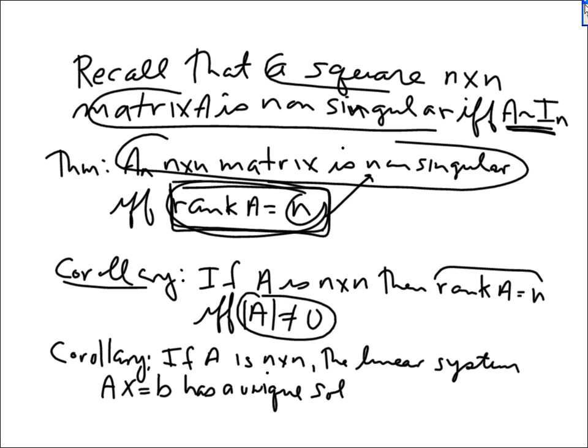But the determinant of A not equal to 0 is if and only if the rank of A is n. This is called putting the ranks of A in n. I left the K out, sorry. Just putting all the ideas together. The rank of A is good old n.